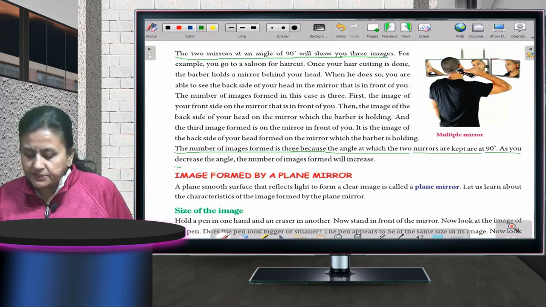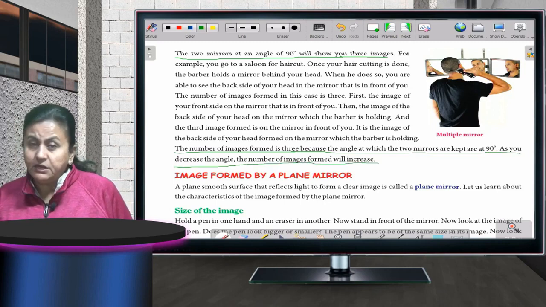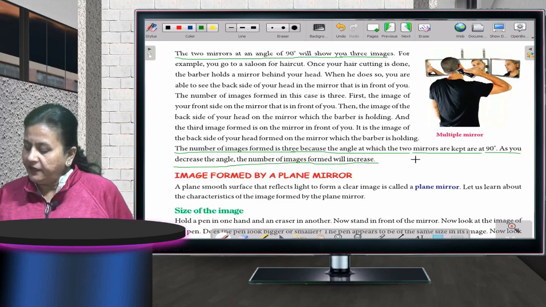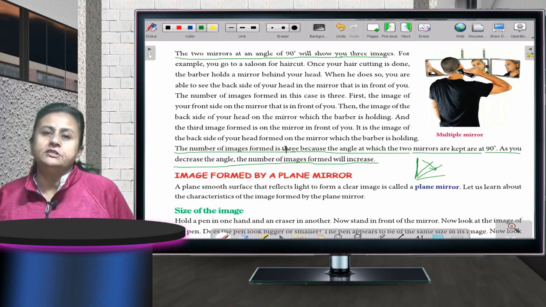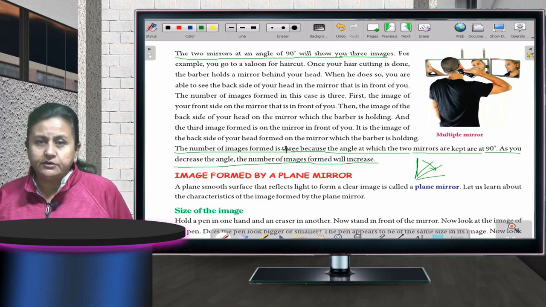As you decrease the angle, the number of images formed will increase. Just now, as I told you, in case the mirror is kept at 90 degrees and you now decrease the angle, once you place the mirror that way, the number of images formed will be increasing. Fine, children?